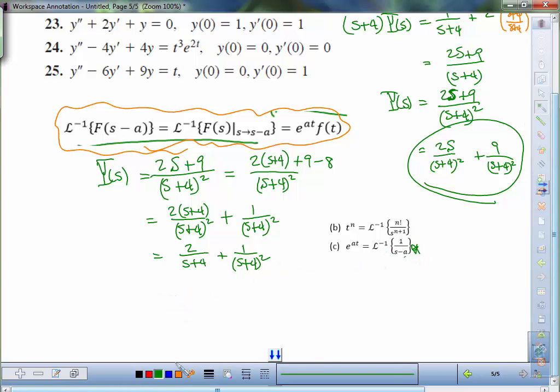That one's easy. So your y of t in the real world is a constant 2 times e to the a, what's a? Negative 4t.